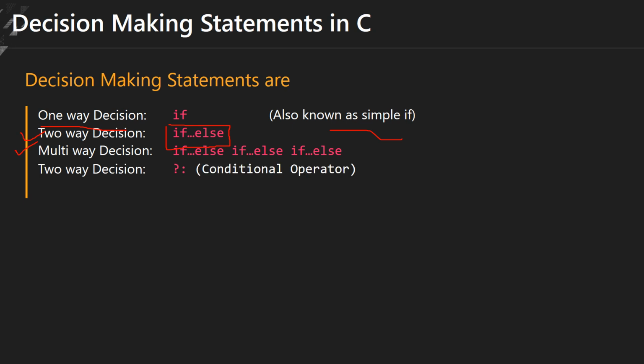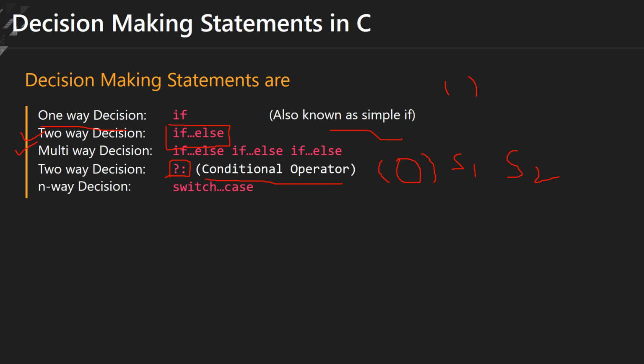The last one is another way to check the condition, called question mark colon, also called the conditional operator. If the condition is true, the first statement S1 is executed; if it is false, S2 will be executed. Each one of them will be explored in more detail in the coming videos.